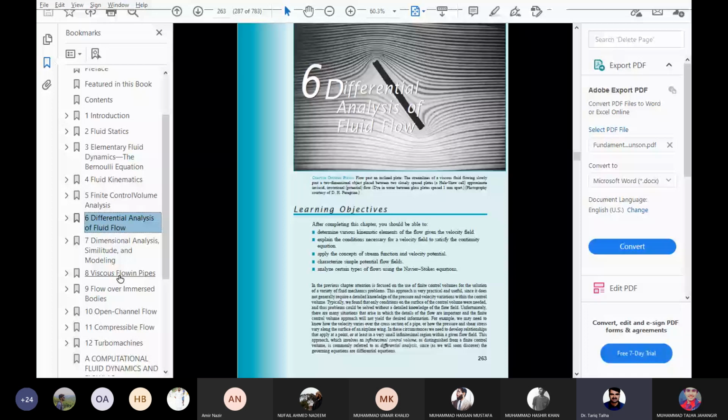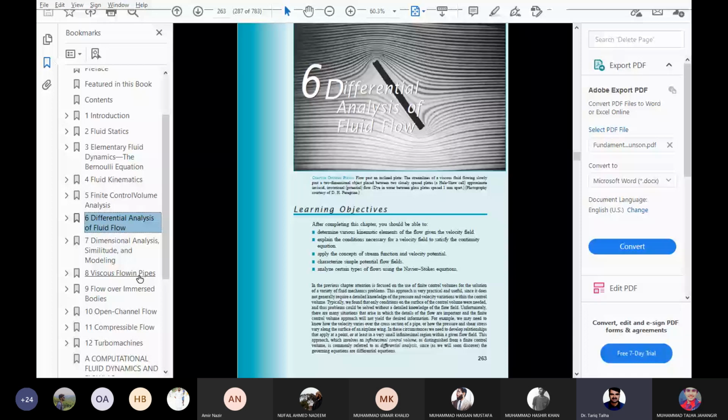All are examples of internal flows, which are bounded flows. It means something like duct flow, pipe flow, anything which is bounded, right? That is the example of internal flow. So in chapter number 8, we are going to discuss all the features of internal flow.